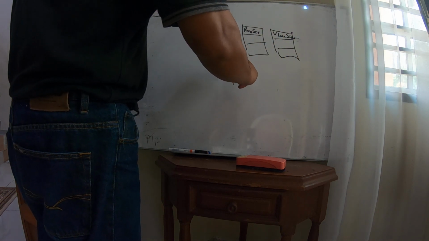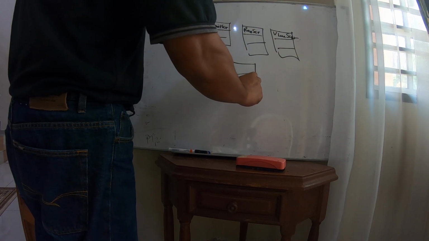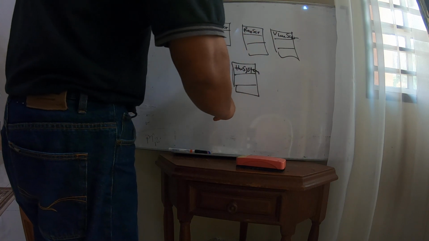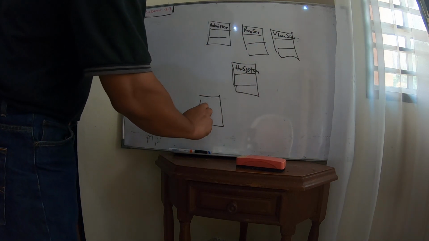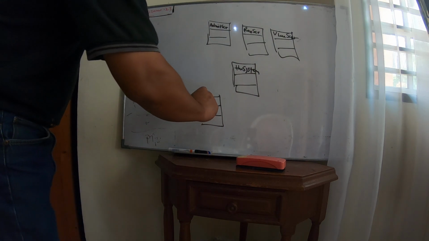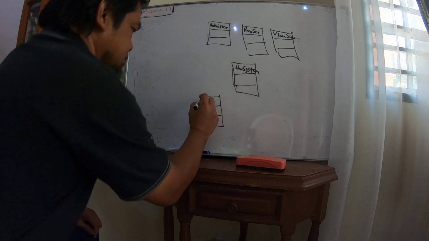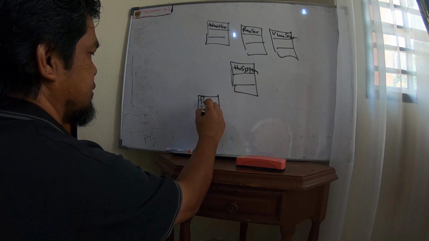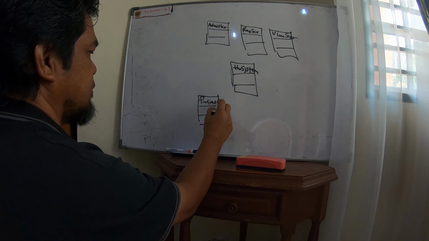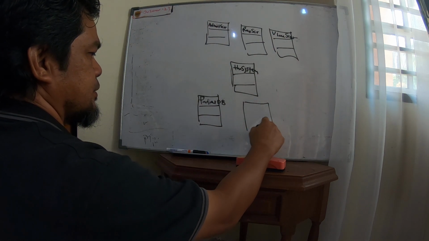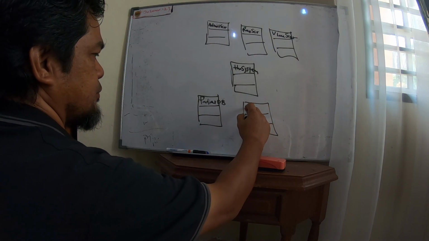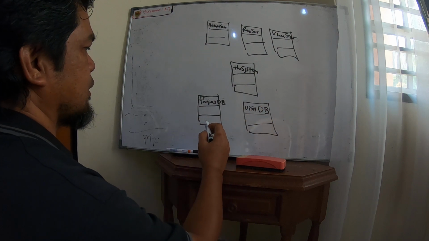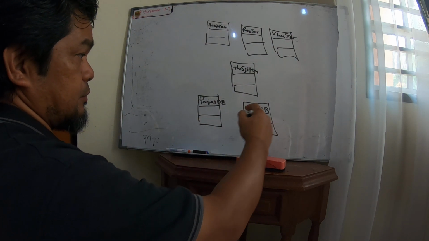And then you have a controller here, the system, and you have several entities, for example patient DB, and then another entity, we call it visit DB. So maybe you have a lot of DBs here.